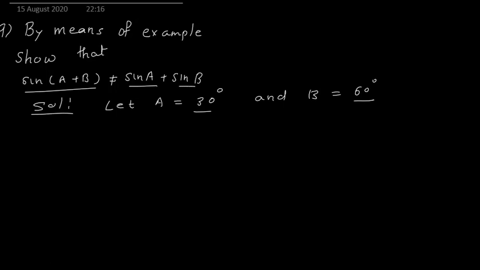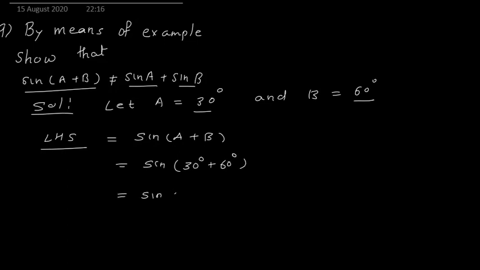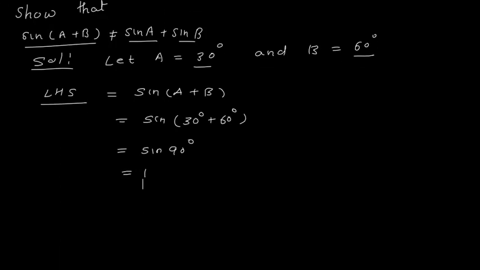So our left hand side is sine of a plus b, which is sine of 30 degree plus 60 degree. This is equal to sine of 90 degree, and the value of sin 90 is 1. This is our left hand side, equation 1.